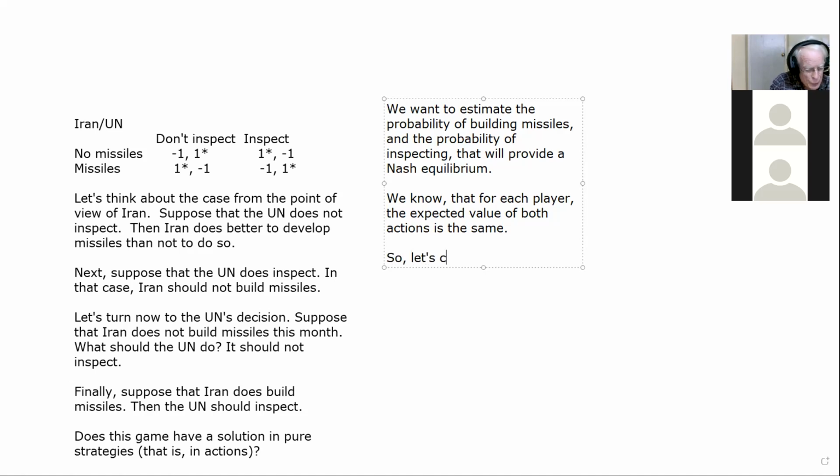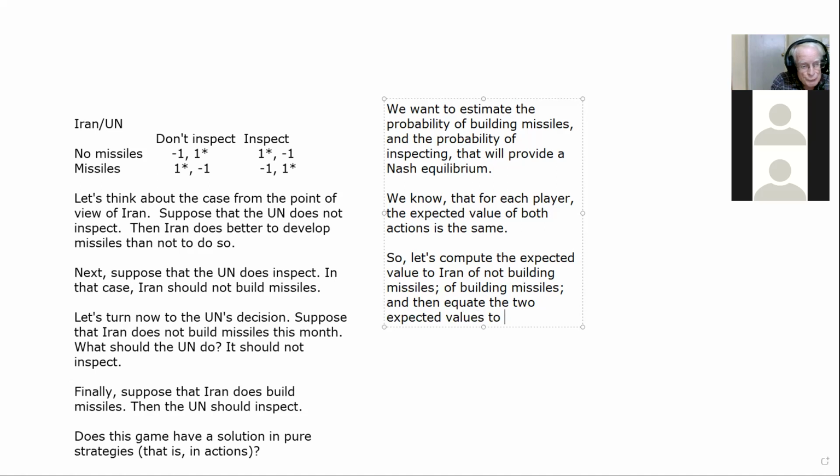So this computes the expected value to Iran of not building missiles and of building missiles, and then equates the two values to calculate the probability of inspection. Call the probability I. Okay, so far.